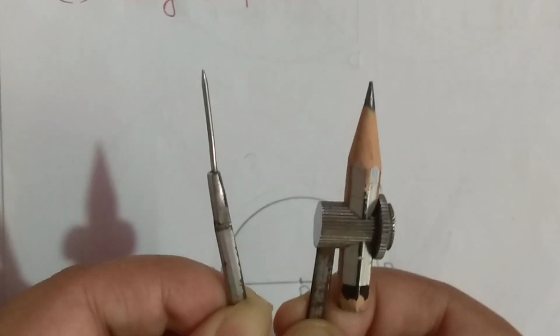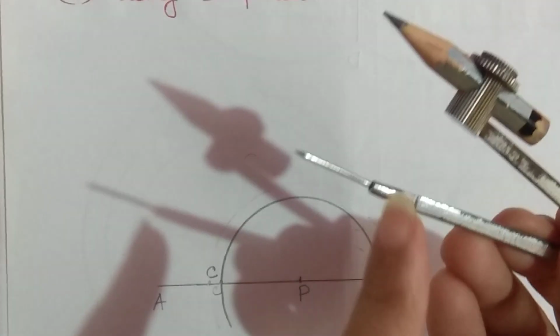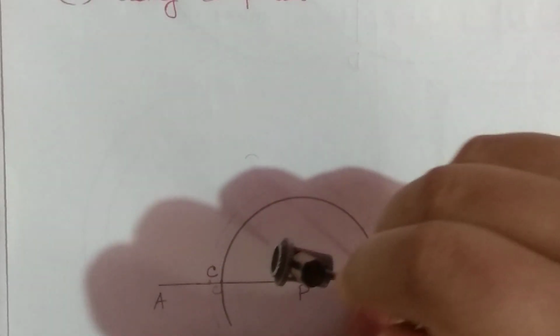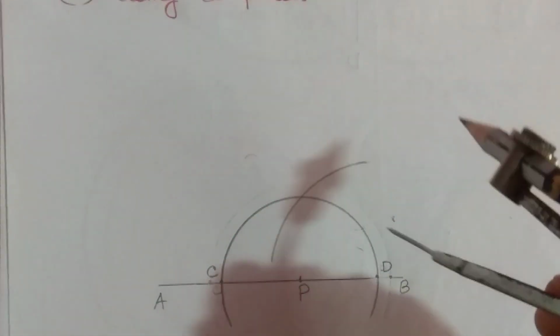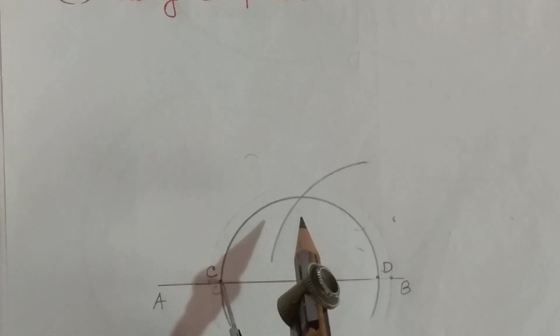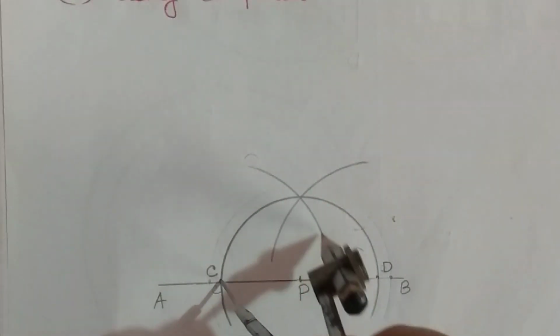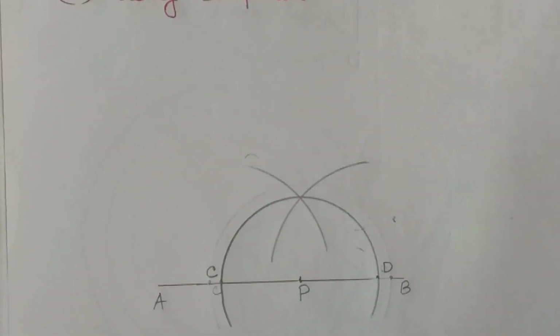I have increased the radius a bit and now I will place the steel end at D and give an arc. Again I will place the steel end at C and give another arc which cuts the previous arc at a point.